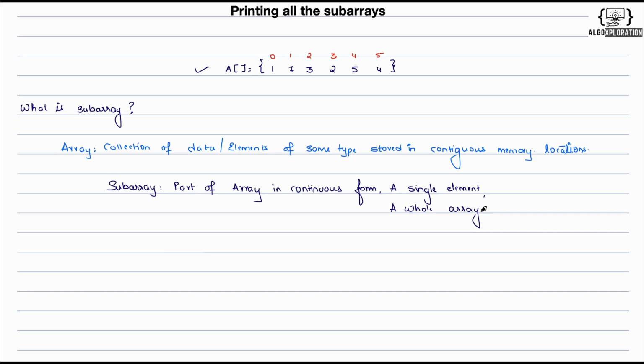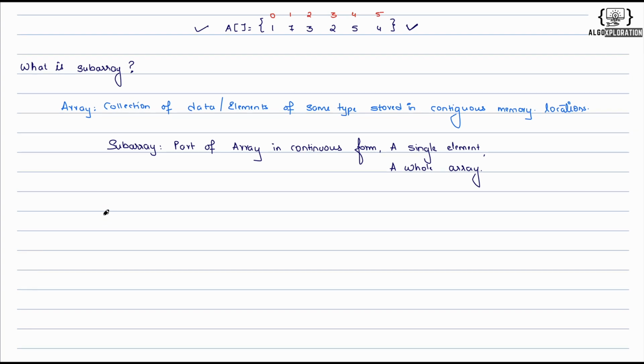Okay, now let's see what are the different subarrays of this array. So if we see the original array, 1 can be a subarray, 1 7 can also be a subarray, 1 7 3, 1 7 3 2, 1 7 3 2 5, 1 7 3 2 5 4.